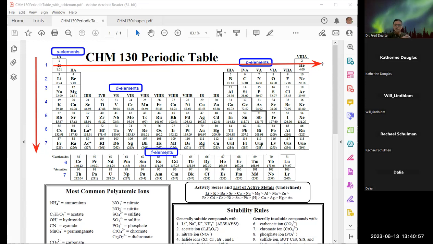And so hydrogen has 1 electron, which exists in 1s superscript 1.